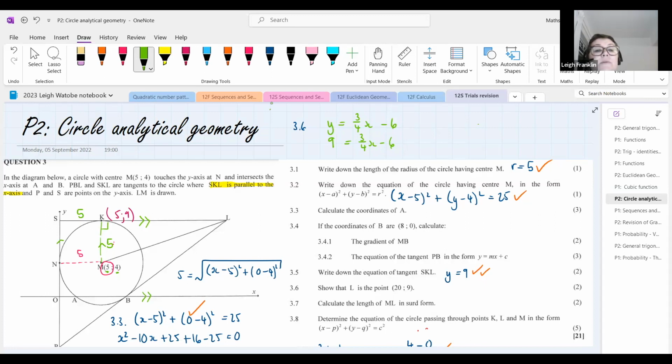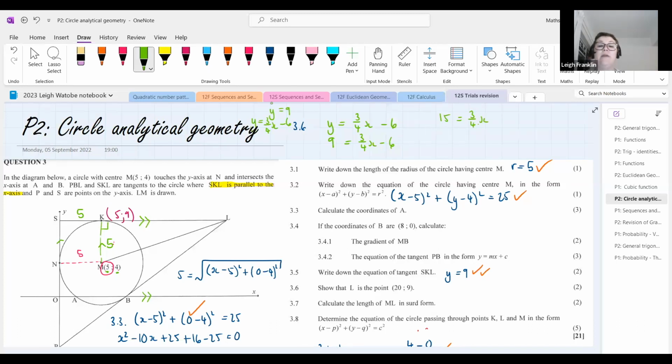Okay, so we're solving simultaneously the line y equals 9 and the equation of PB, which was y equals 3 over 4x minus 6. So I'm subbing in my 9. I'm going to take that over to the other side. So 15 is equal to 3 over 4x.